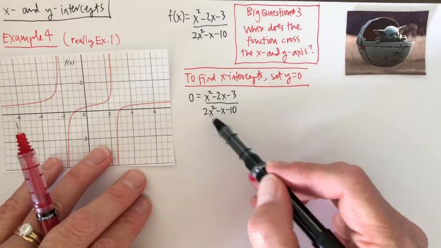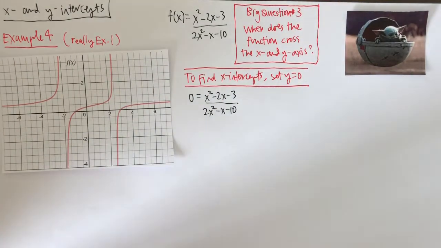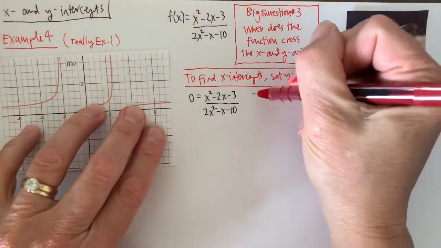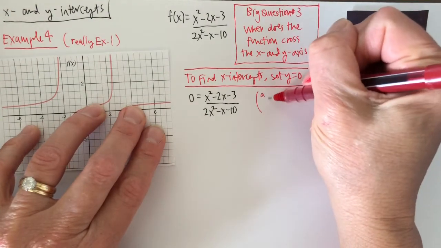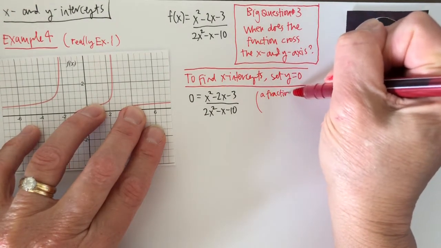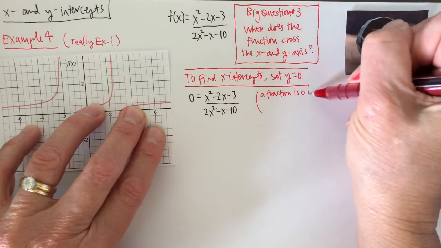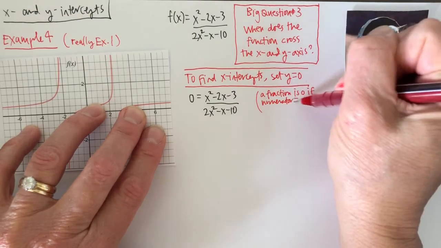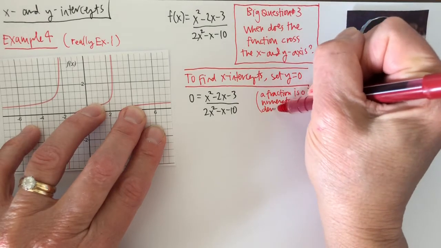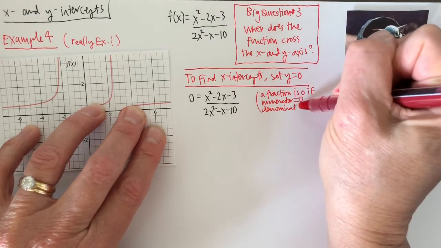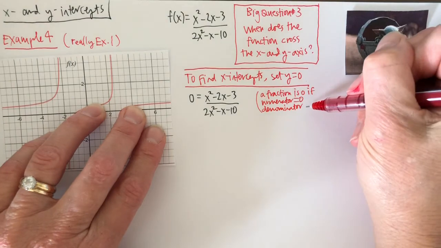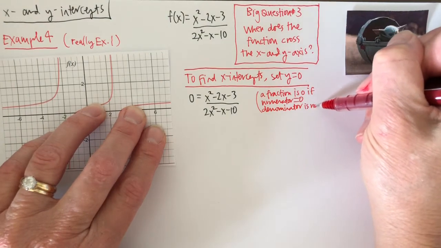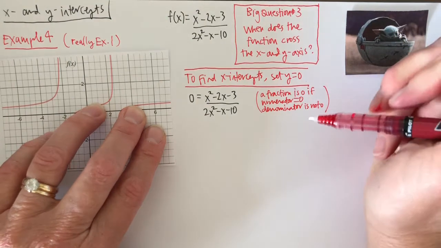Now a fraction is 0 if the numerator equals 0 and the denominator is not 0. That has to be true at the same time.